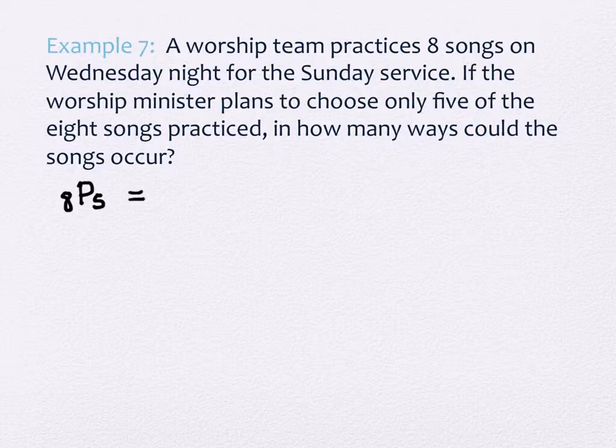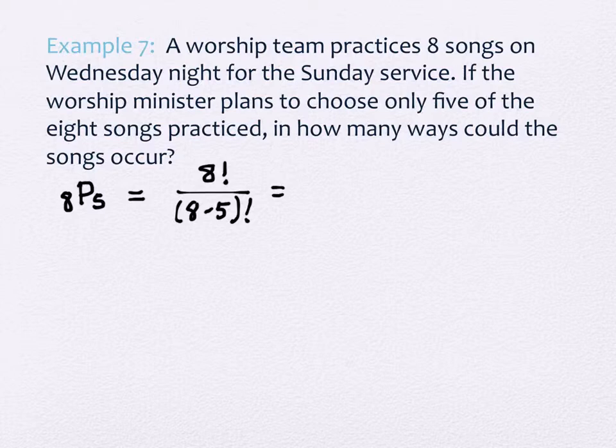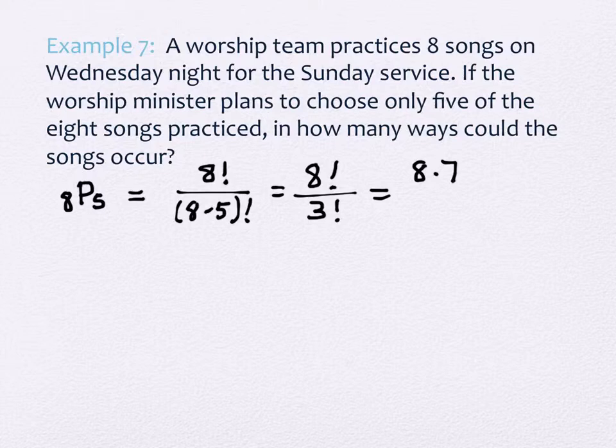Okay, so somebody tell me what's going on the other side of this. 8 factorial. Okay, good. 8 factorial on top. 8 minus 5 factorial on bottom. So this is what on bottom if I subtract? 8 factorial over 3 factorial. So I have 8 times 7 times 6 times 5 times 4 times 3 factorial.